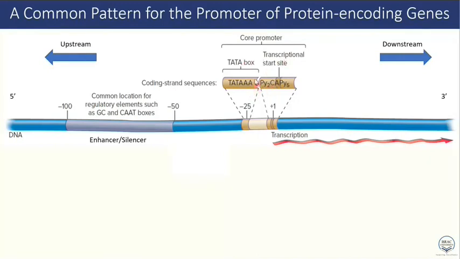So there's no purine. That is the hallmark, or the general sequence, by which you can recognize the promoter regions. Once you recognize the promoter region, you can look upstream for the enhancer or regulatory regions, or downstream to find the stop codon.